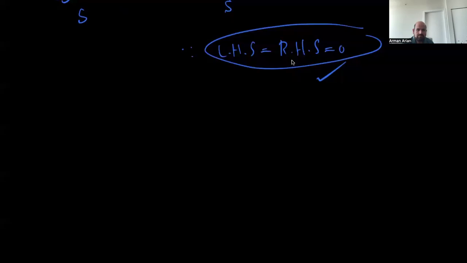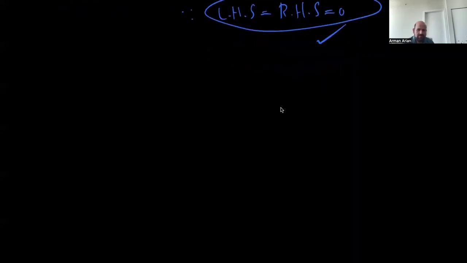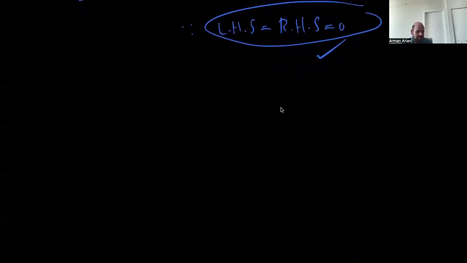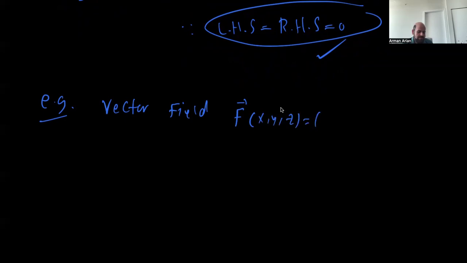All right, next example. First let's look at our vector field. Vector field F of x, y, z equals y, 0, 0.